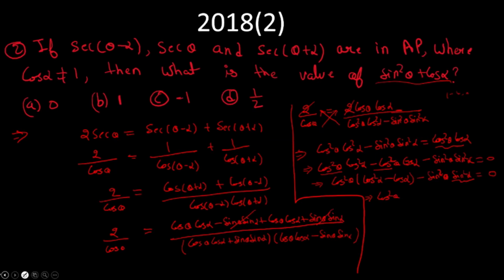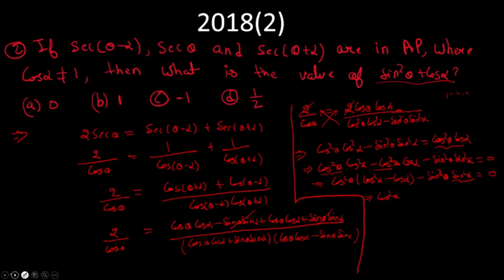So I will also change sin square alpha into cos. I will write in the next slide. We get cos square theta(cos square alpha minus cos alpha) minus sin square theta sin square alpha equal to 0, and our question asks the value of sin square theta and cos alpha.